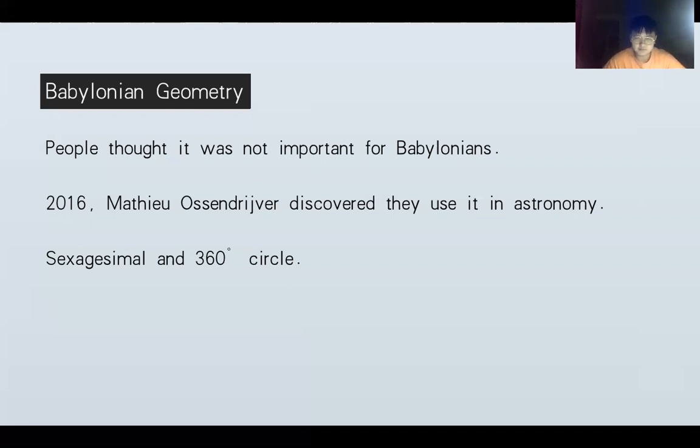So from those clay tablet studies, we can know that ancient Babylonians knew geometry really well.